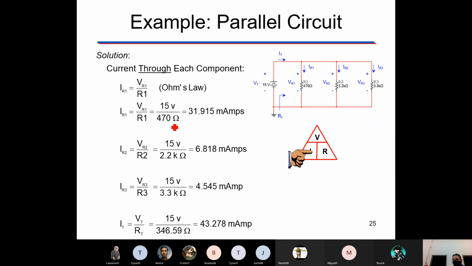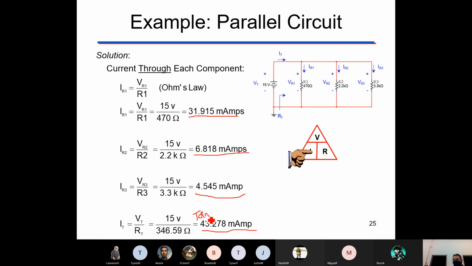So 15 over 470 gives you this value, 31.9 milliamps. 15 over 2.2K gives you this value, and 15 over 3.3K gives you this value. Since we solved for our RT earlier, we take 15 over the value of our RT to get our total IT.